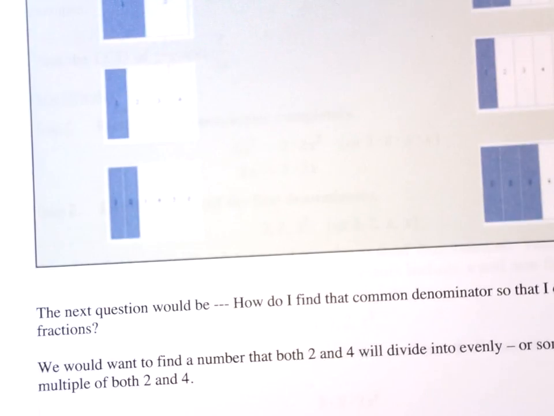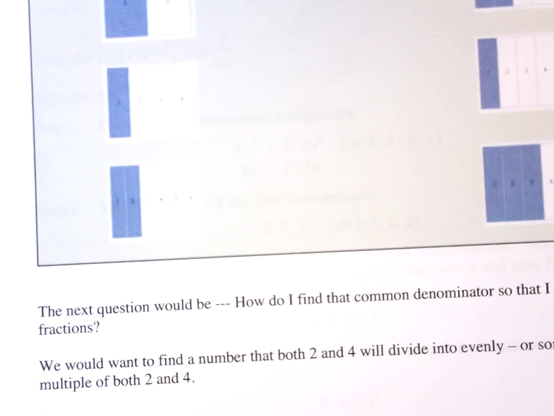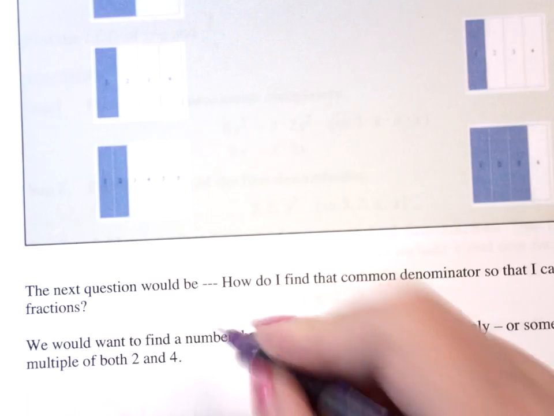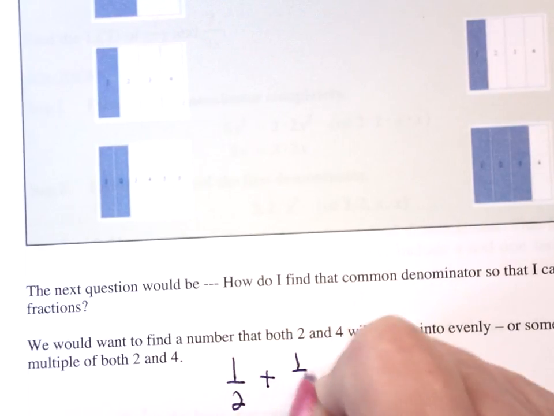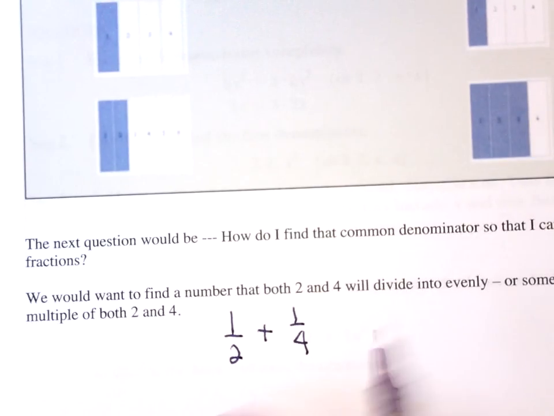So the next question I would have is, how do I find that common denominator so I can add the fractions together? Well, we found that if I had 1/2 and 1/4, what I needed to do was make sure they were the same size.